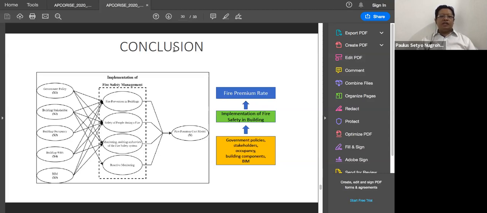And the last is development of a mathematical model for premium rates. I think this is the next phase after the first phase.